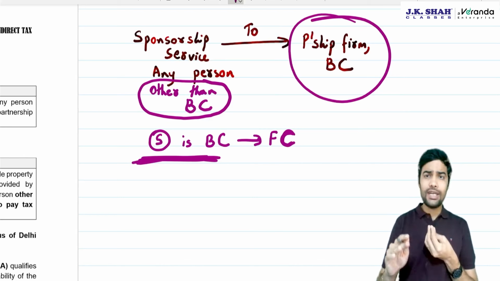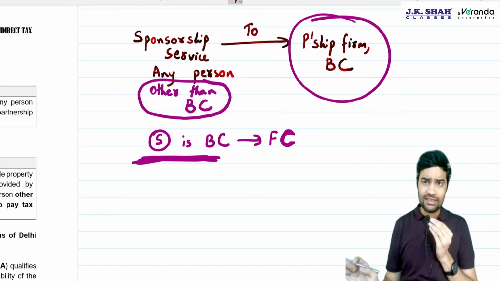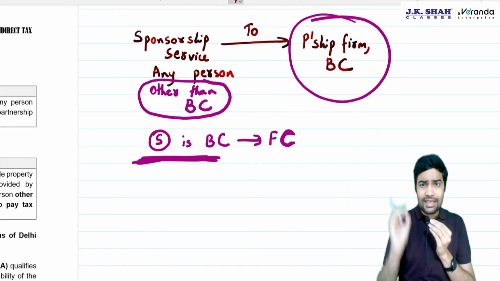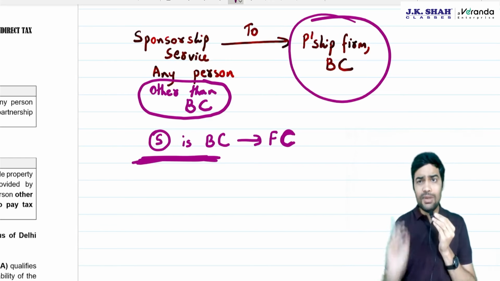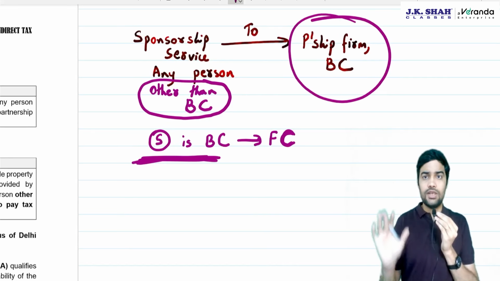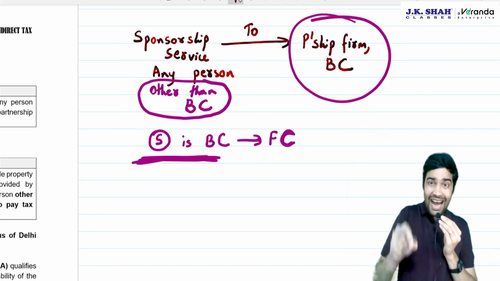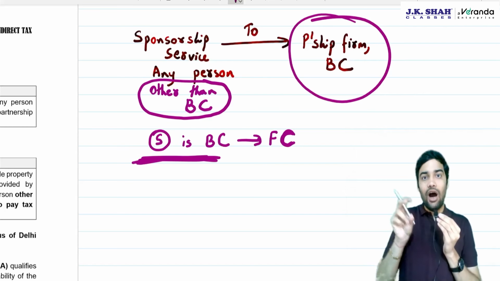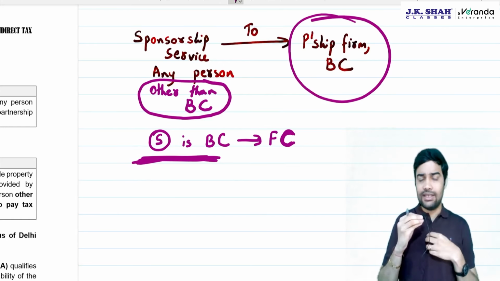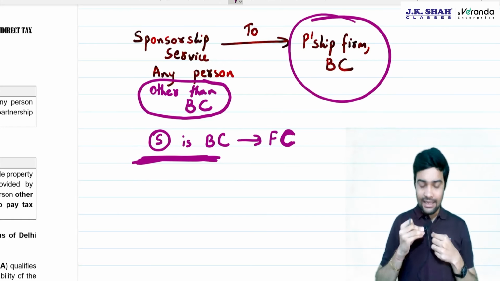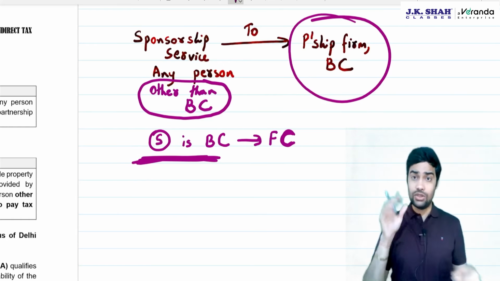It does not matter who is receiving the service. If the supplier is a body corporate, then it will be a case of forward charge because in the RCM entry, they have said other than body corporate. So be very careful on this entry. High chances that they ask you this entry.